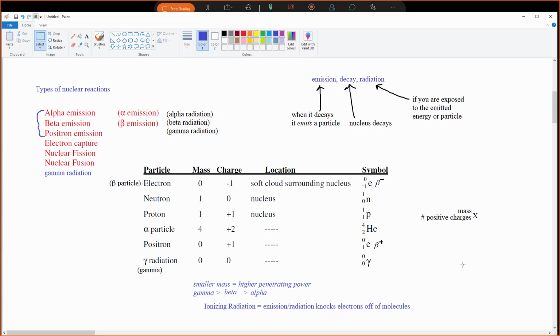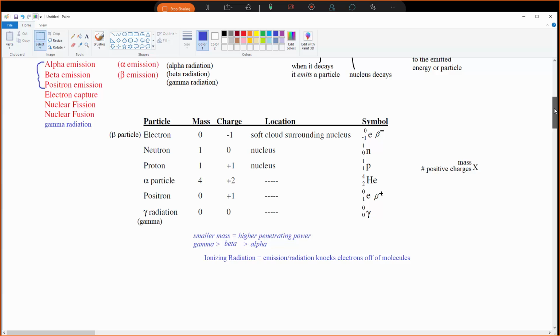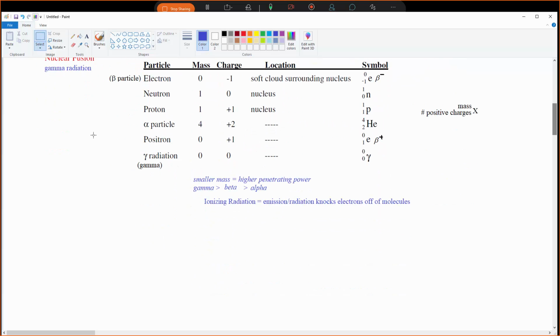Okay. So we're going to start looking at specific examples of these types of nuclear reactions: alpha emission, beta emission, and positron emission.